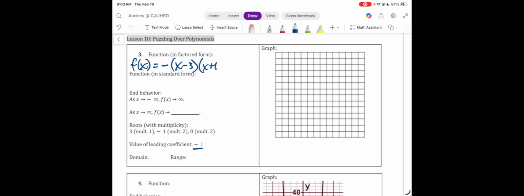So that'll go to +1. And 0 with a multiplicity of 2. For 0 to be a root, you're just going to insert an x. I want to do it at the front. And square it because the multiplicity is 2. And don't forget the negative because of the leading coefficient.